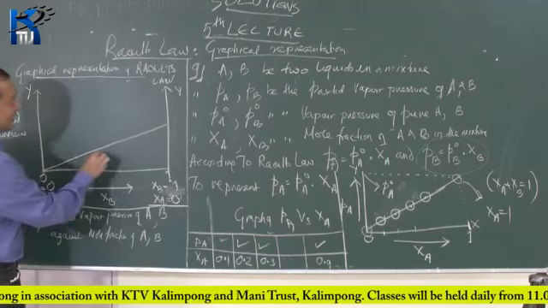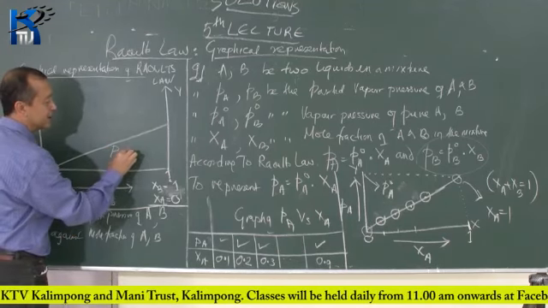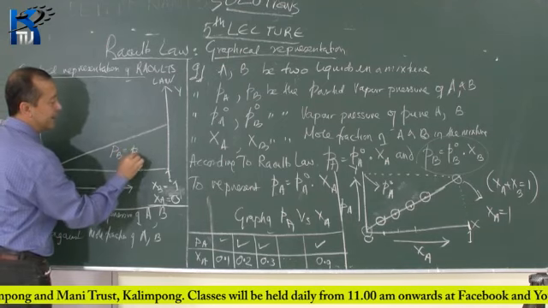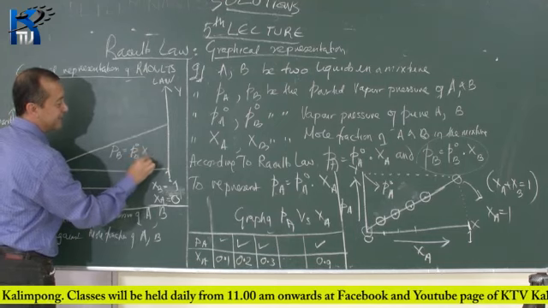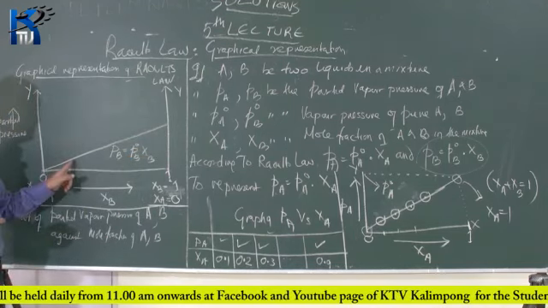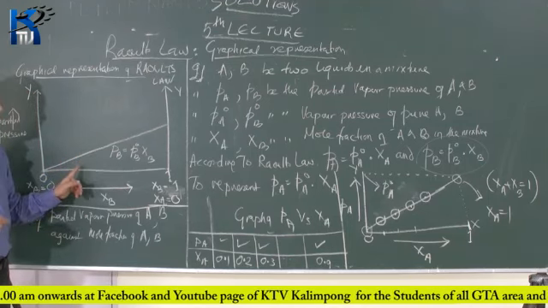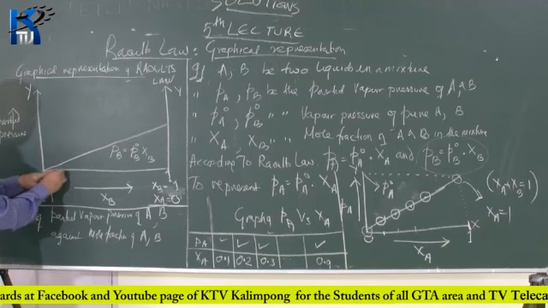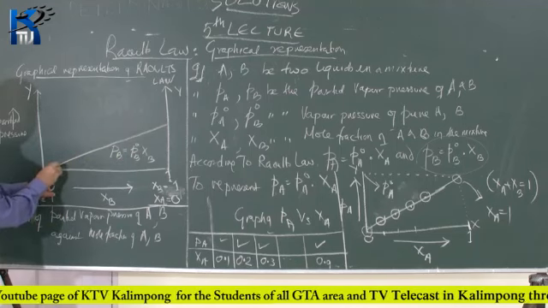Let's say this is the graph of PB is equal to PB naught into XB. You can see as XB increases, PB also increases.